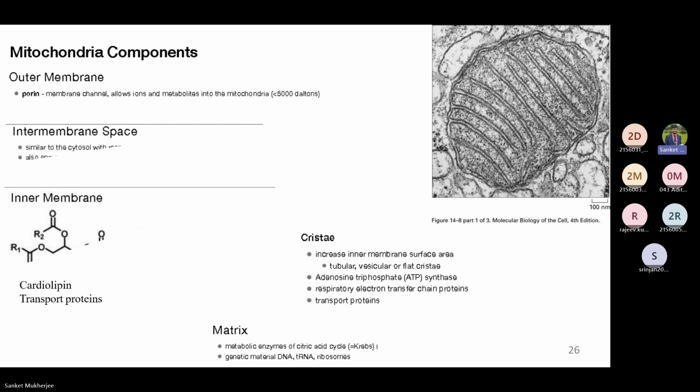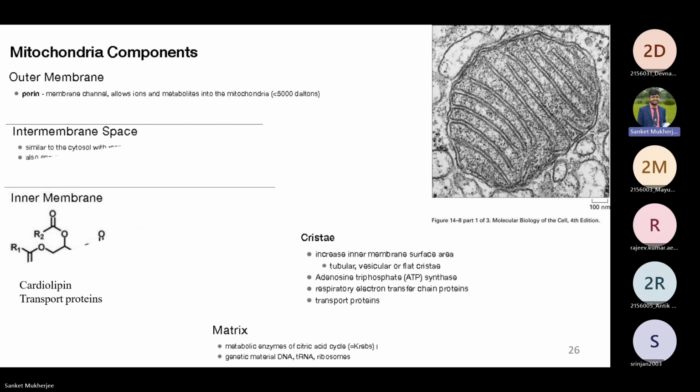You know mitochondria as the powerhouse of the cell. This is how it looks in an electron microscope. It has an outer membrane and an inner membrane, and there is an intermembrane space in between. The outer membrane has porins, which are membrane channels that allow ions and metabolites into the mitochondria.